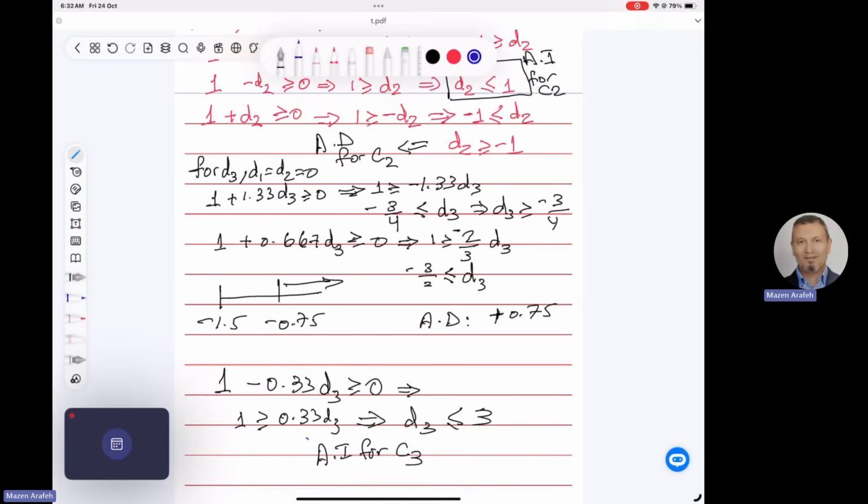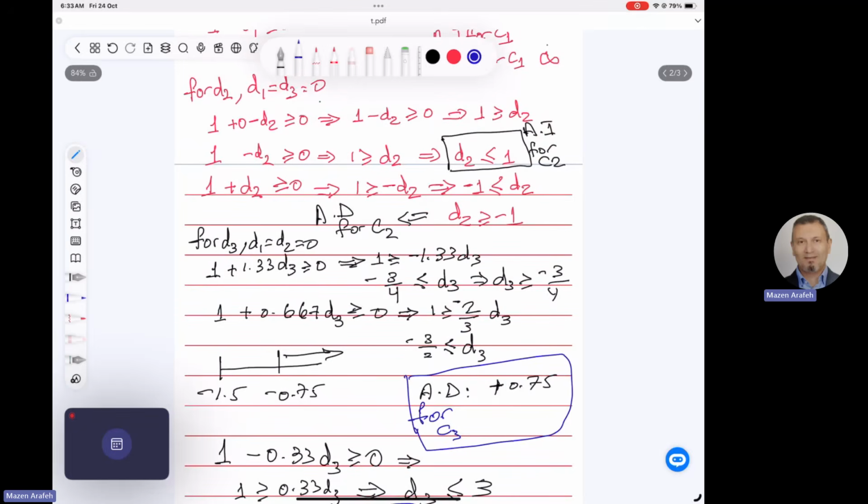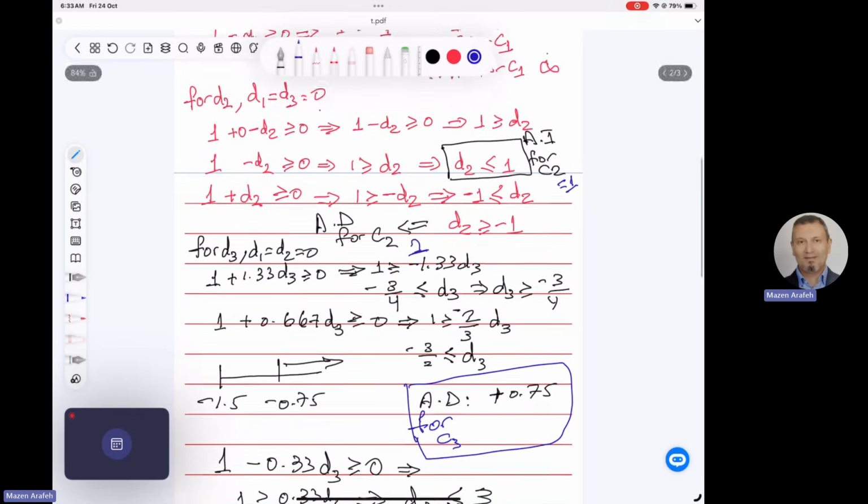So the allowable increase for C3 is equal to 3. The allowable decrease for C3 is 0.75. And for C2, the allowable decrease is 1, and the allowable increase for C2 is equal to 1 in this equation here.